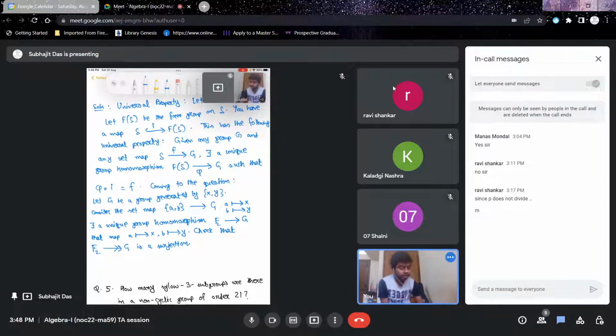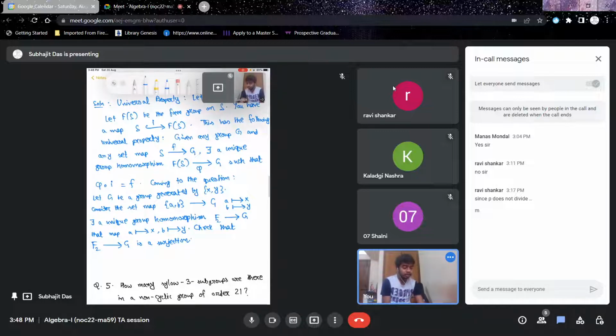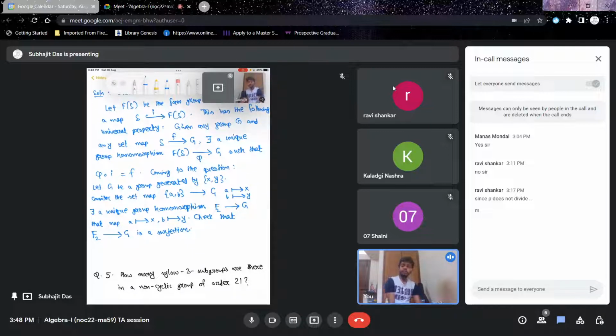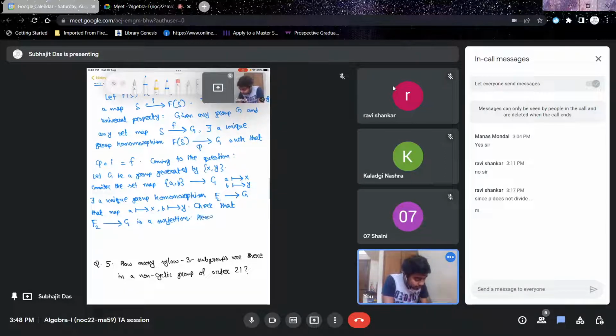Anyway, once you have a surjective homomorphism from F2 into G, you know that G is isomorphic to F2 mod kernel. That is, G is a quotient of F2.